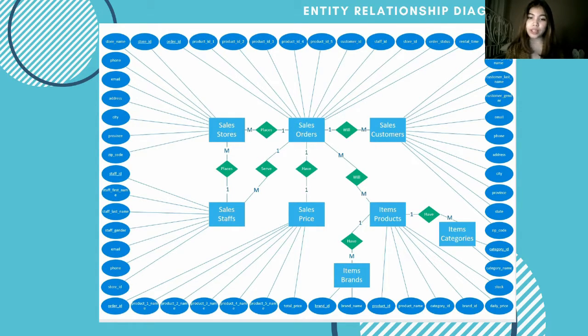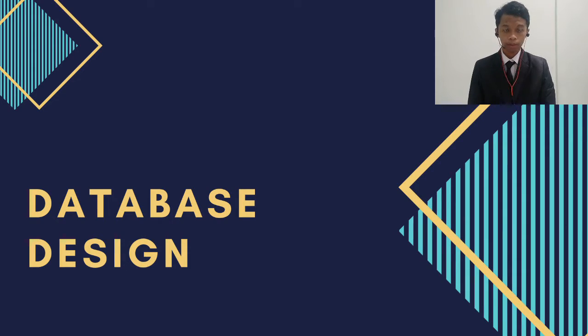Sales order, sales price, and sales customers also have one-to-many relationships. And over there we have item products, item brands, and item categories, which have a one-to-many relationship. Let's move on to the next topic, database design.